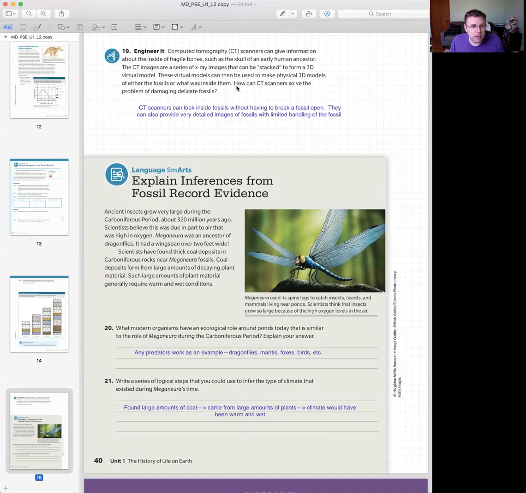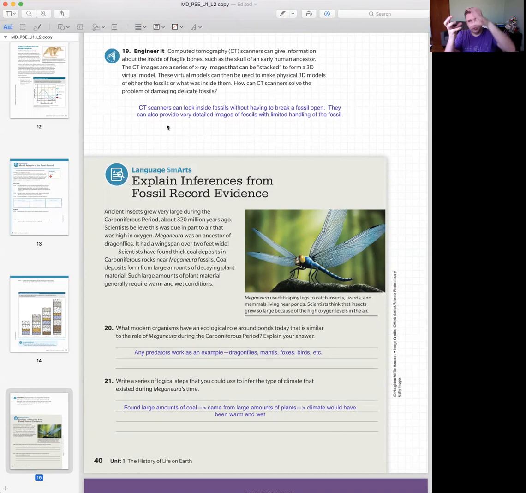So it basically says, how can CT scanners solve the problem of damaging delicate fossils? The idea here is that CT scanners can look inside fossils without having to physically break them open to see inside. We just take images of it and can make a 3D image. They can also provide very detailed images of fossils with limited handling of the fossil.